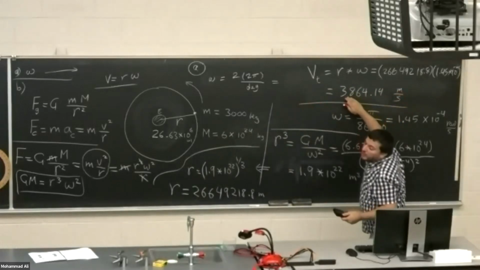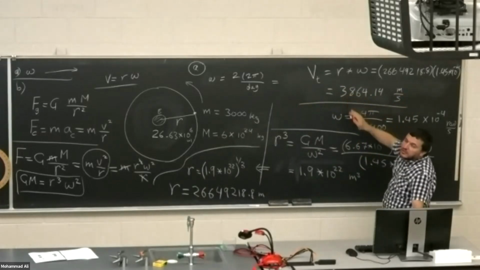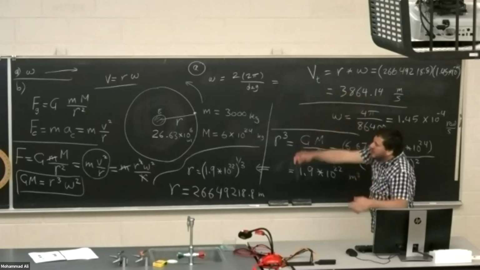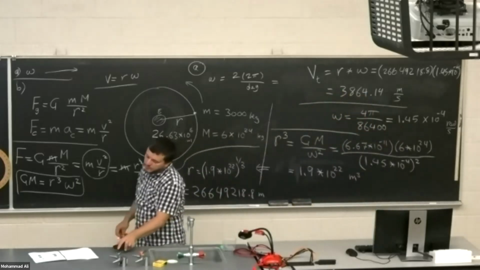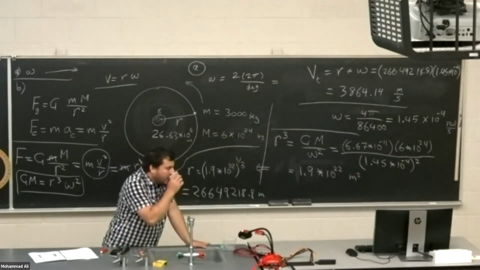It is 3.8 kilometers per second, which means it is more than 2 miles per second. The rotation of this satellite is about that. It's fast. Any question about this?